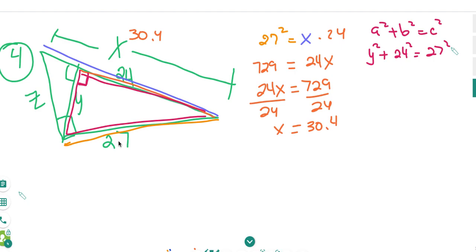So I'm going to have y squared plus 576 is equal to 729. Subtract the 576. Y squared is going to equal 153.